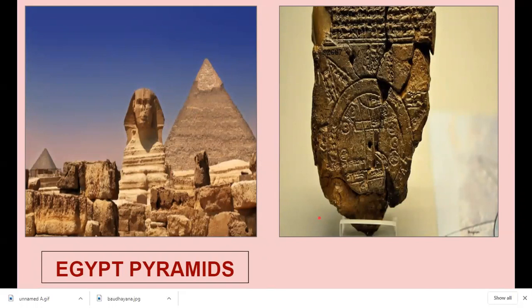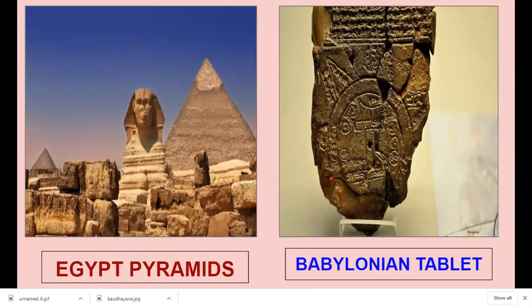According to a Babylonian clay tablet found in the Mesopotamian region, the Pythagorean triplets were inscribed on it. This clay tablet was made in 1800 BC.